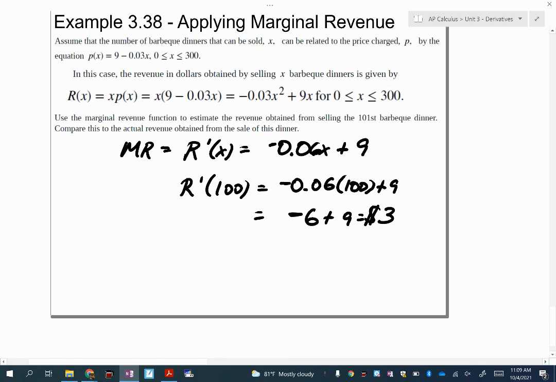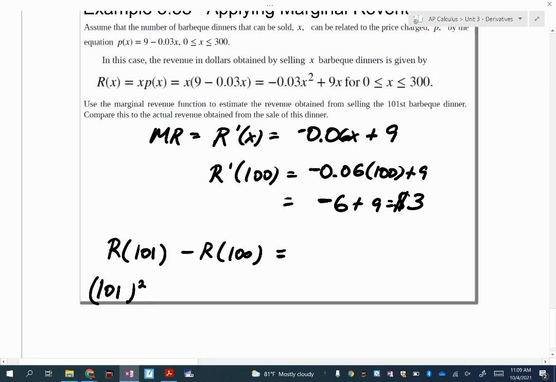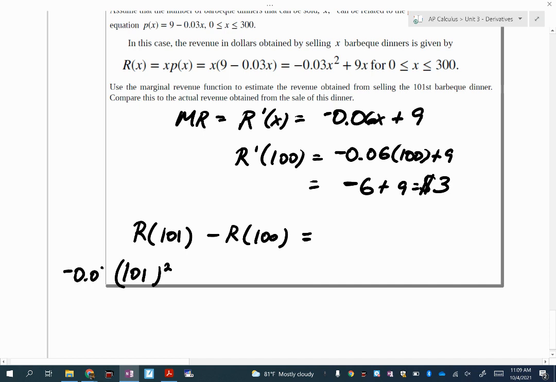Now, comparing this to the actual revenue obtained from selling this dinner, the actual revenue is R of 101 minus R of 100. So that's 101 squared times negative 0.03 plus 9 times 101. And then we subtract all of that, negative 0.03 times 100 squared plus 9 times 100.